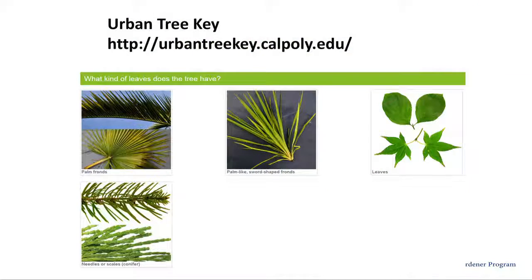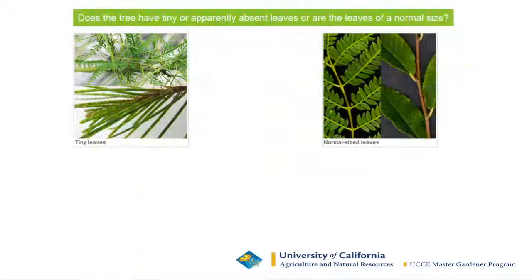Does it have needles or scales? Does it have palm fronds? Palm-like fronds? Leaves. Does it have teeny tiny little leaves or normal sized leaves? Normal sized leaves, which is kind of a judgment call, but it's not these pine-like structures.